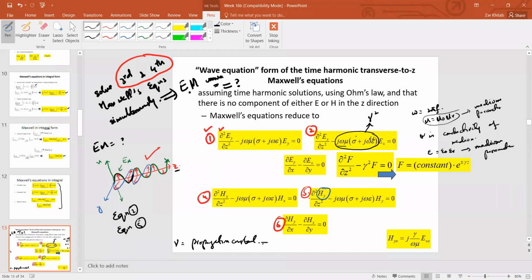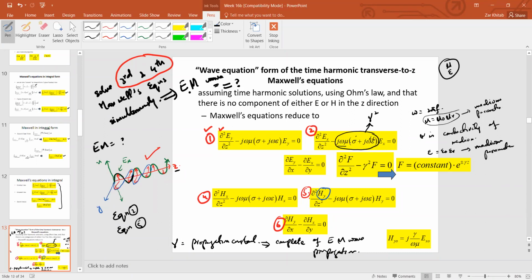Gamma is going to tell you the complete story of EM wave propagation. So gamma is going to tell you everything about the electromagnetic wave which has certain frequency and which is moving through certain medium. Medium is mu and epsilon.